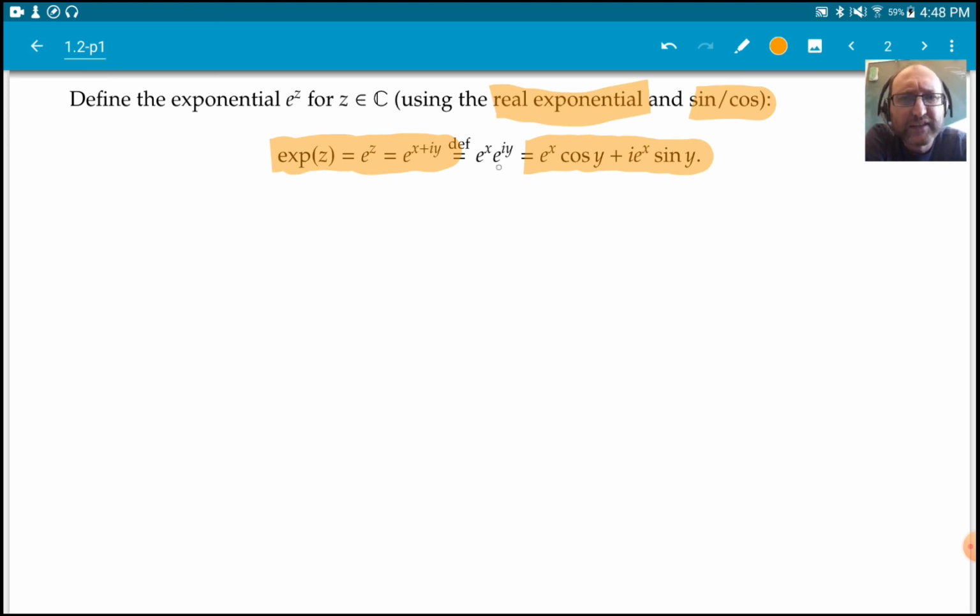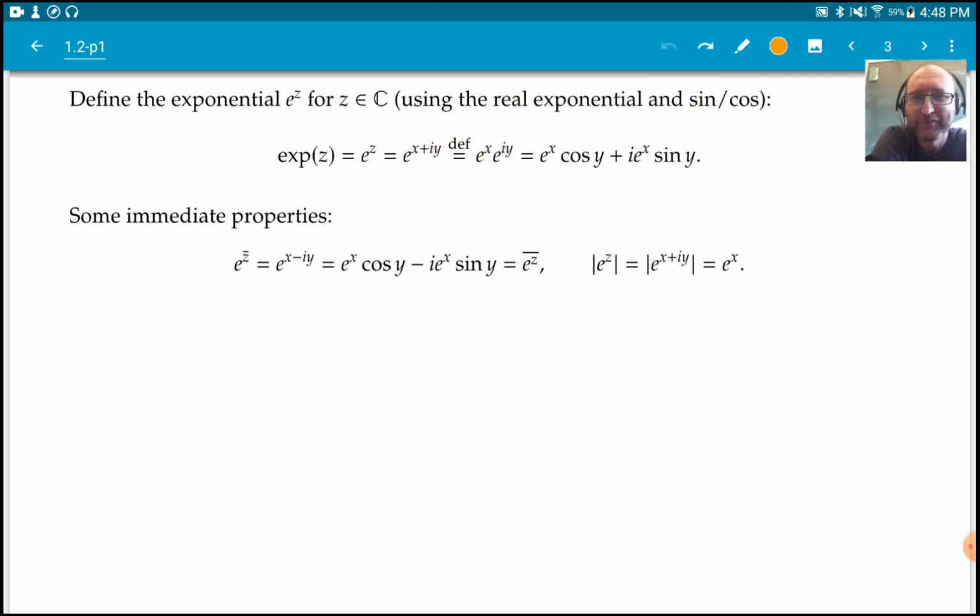And you'll notice that this e to the iy, that's what you get if x was, let's say, 0. You'd get cosine y plus i sine y. So that's a shorter way to write it, if you define e to the iy, which we'll talk about a little bit more in a little bit.